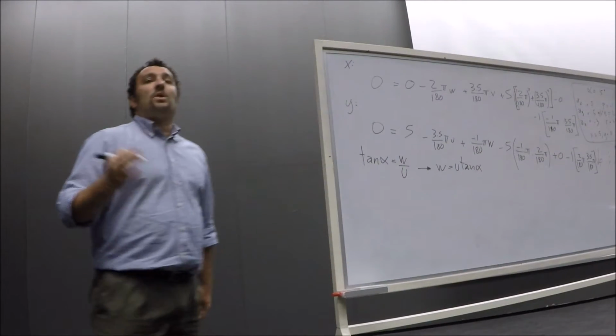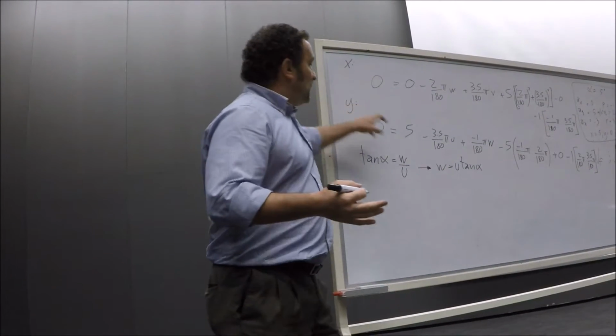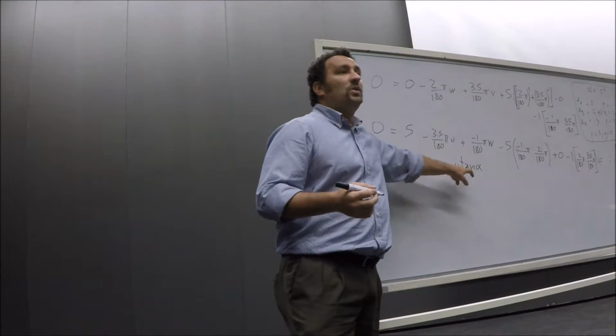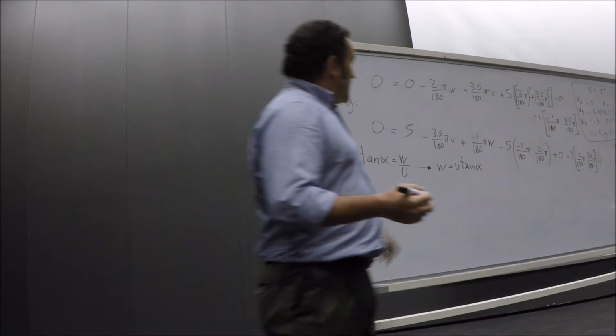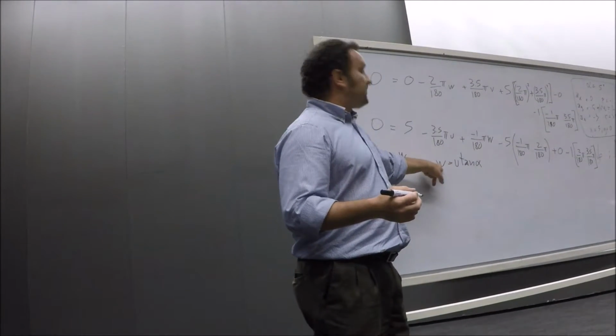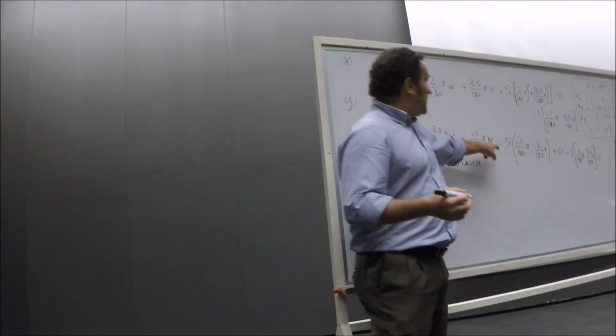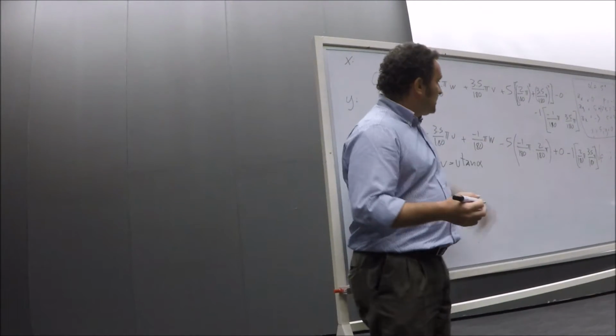Okay, so now I have three equations, 1, 2, and 3. There are three unknowns, U, W, and V. Okay, so I can substitute this equation for W into here so that I solve for U.